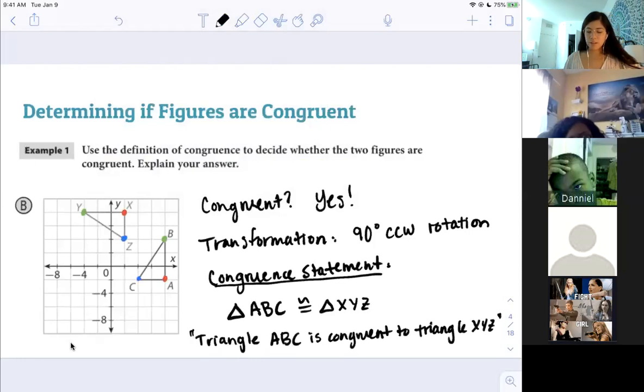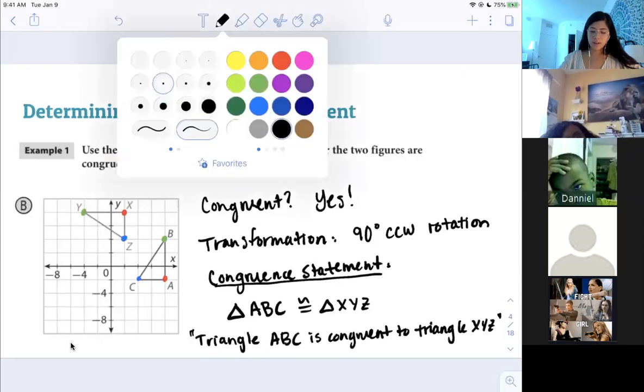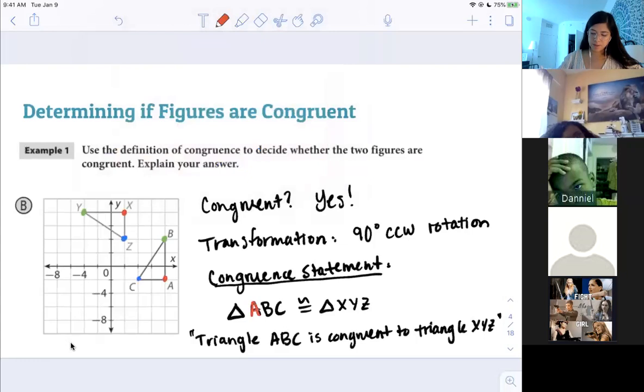Notice that the order I put my letters matches the order on the other one. Look at the colors. A goes with X, B goes with Y, and C goes with Z. So if I write A, B, C, I have to write the other one in the same order to show which ones match up.